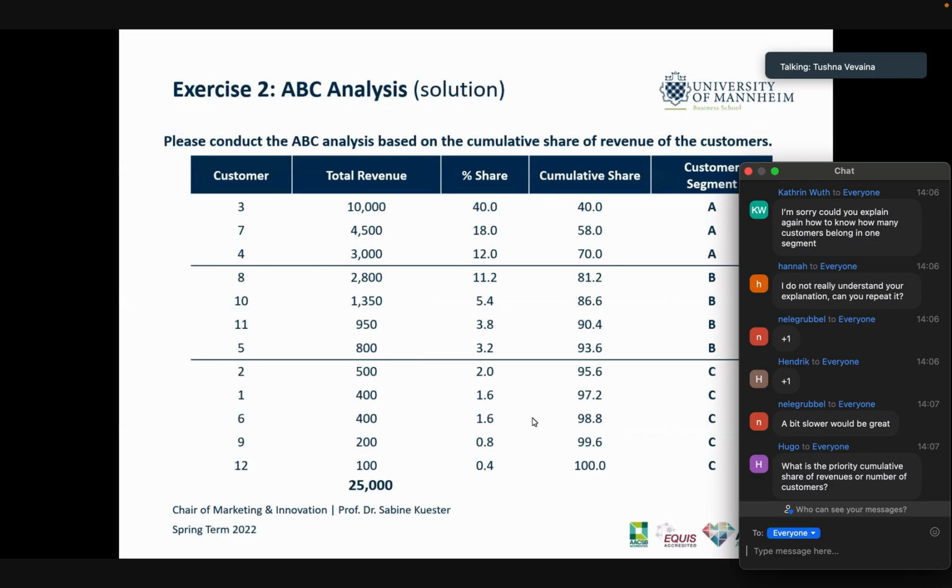Your revenue from the customers below is much lesser than what you have up here. So these customers form the highest share of revenue, and that's what we use the Pareto principle for, to categorize these into A, B, and C. So 25% of 12, because you have 12 customers here, is 1/4 of 12, which is 3. And that's why your top 3 customers in this case form segment A. So I hope this is now understandable.